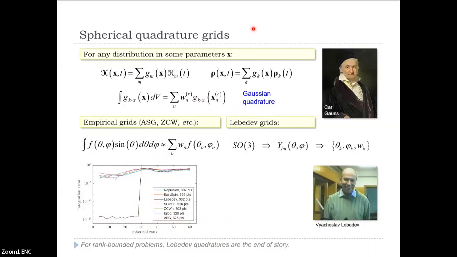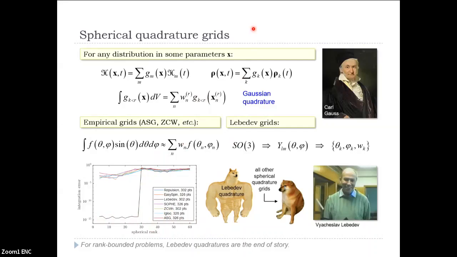And I think the situation in the angular integration community can be described like this, right? There's one thing called Lebedev quadrature, and then there's all these hillbilly grids that are not particularly interesting or accurate. So as of maybe 20 or 30 years ago, the problem has been solved.